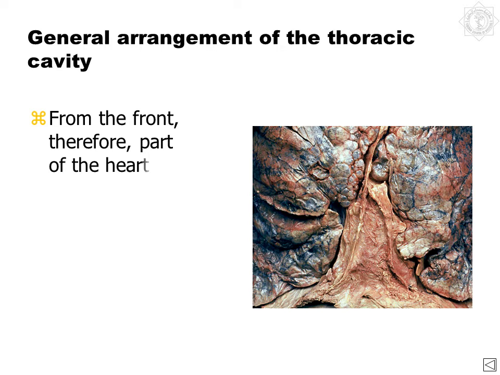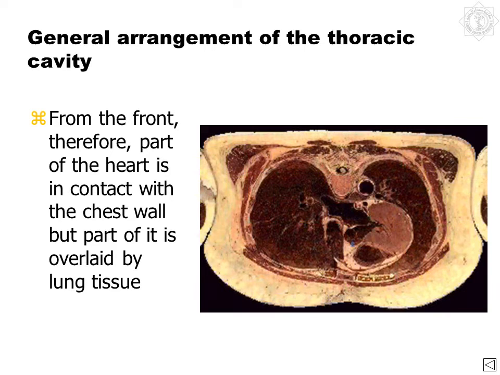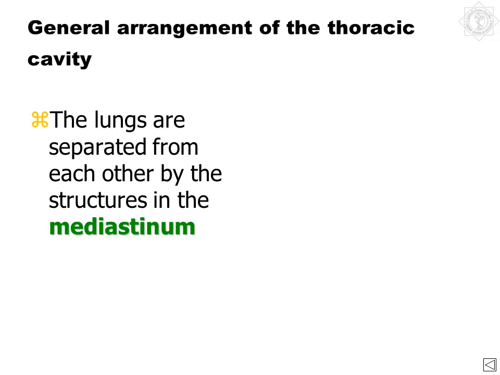This figure in front shows you the position where the heart is in contact with the chest wall, but a part of it is overlaid by the lung. Part of the lung is overlapping the heart at this position.